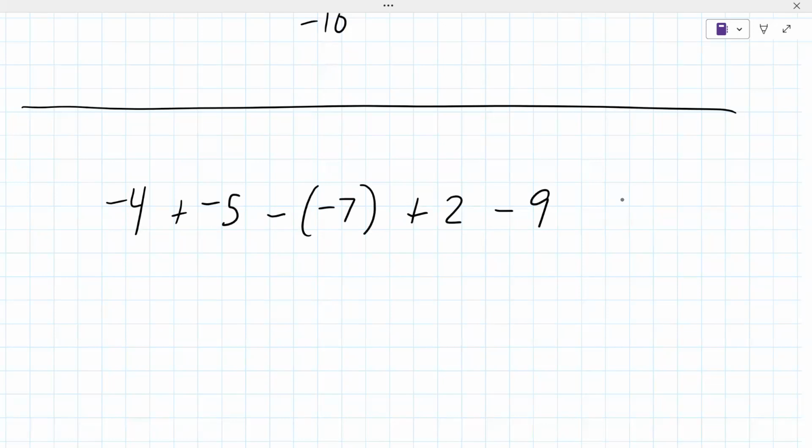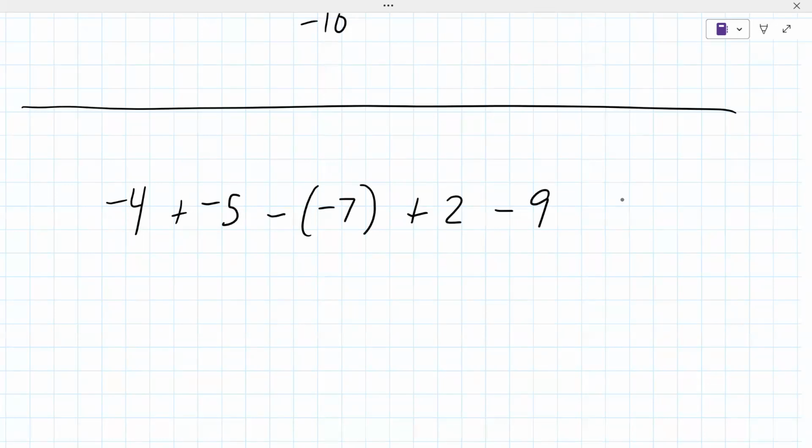plus 2 plus -9. 4 and 5 are the same sign, so 5 plus 4 is 9, -9 plus 7 plus 2 plus -9.